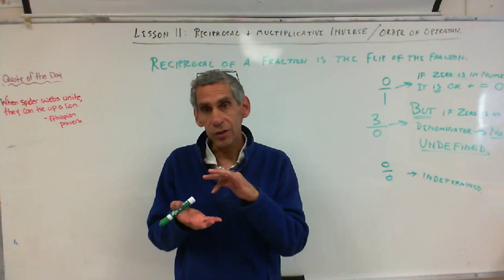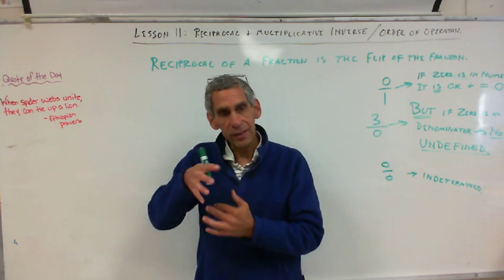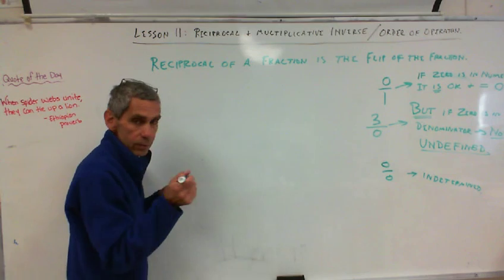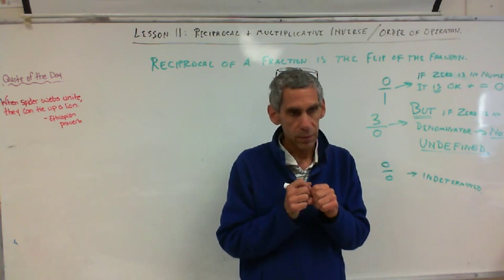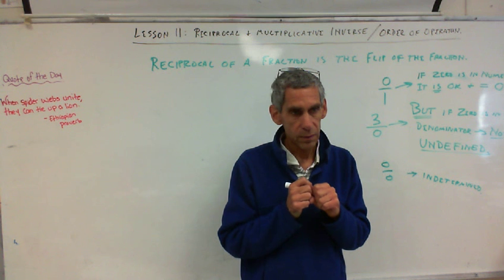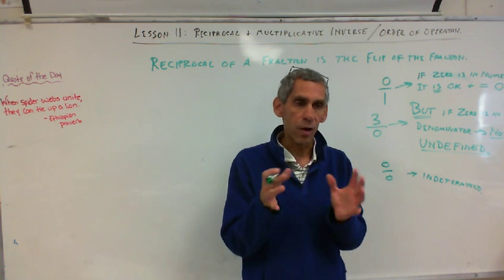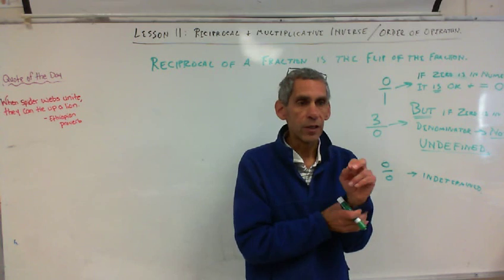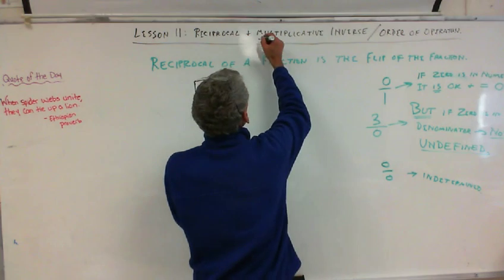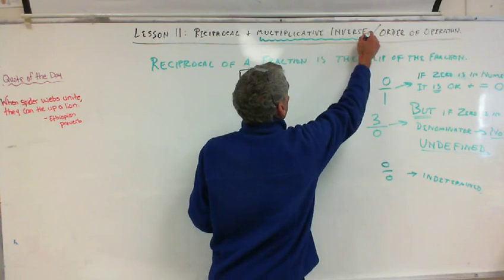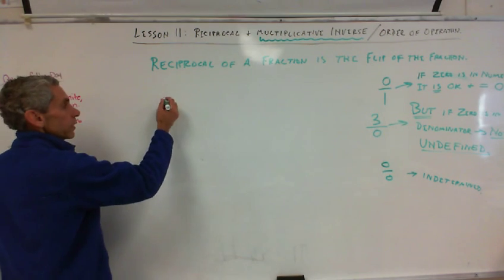It's actually considered a multiplicative inverse. Is reciprocal another name for opposite or inverse? Reciprocal and inverse are often used interchangeably, but the reason they say multiplicative inverse is because they often call it that when they say something.